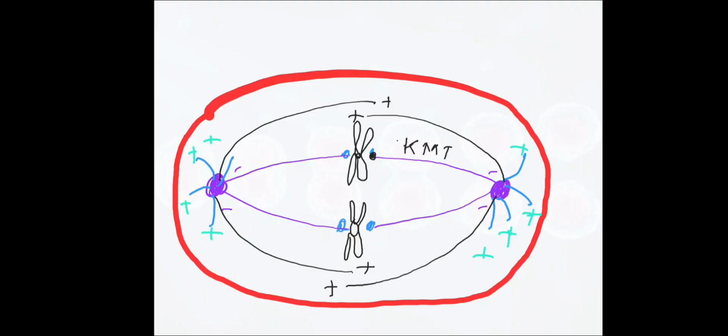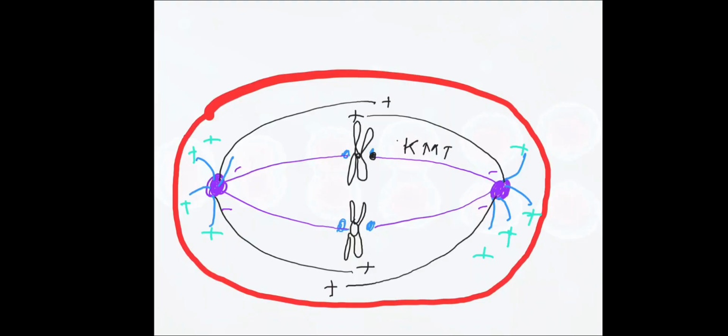The plus end remains attached to the kinetochore, which matures on the centromere of each chromosome.